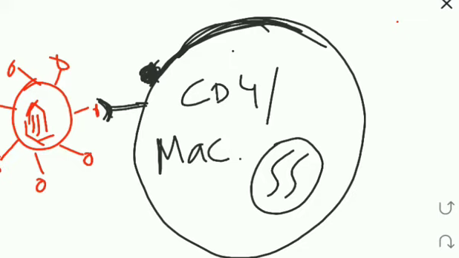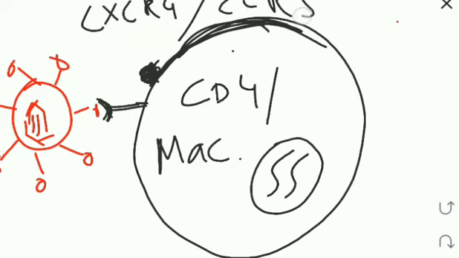So this chemokine receptor can be CXCR4 or CCR5 depending on what type of immunological cell this is, whether it is a CD4 cell or a macrophage. So what happens?